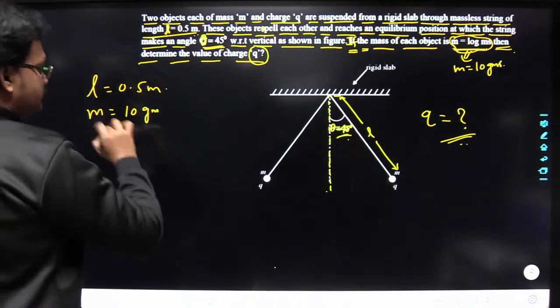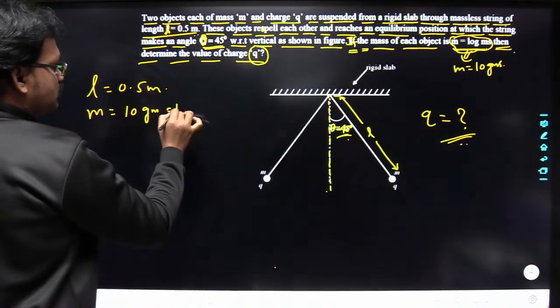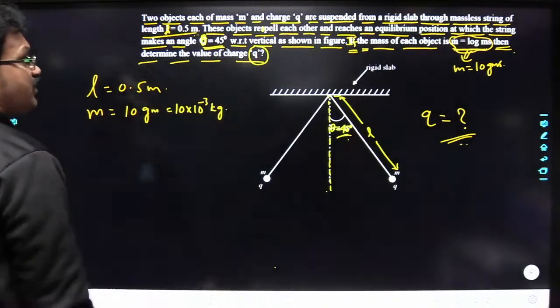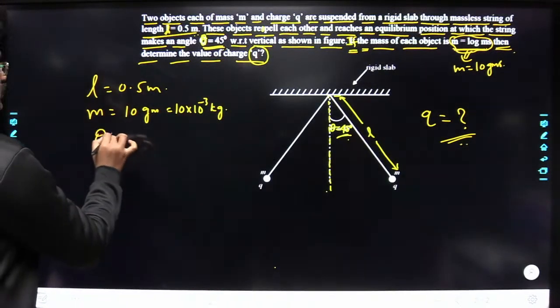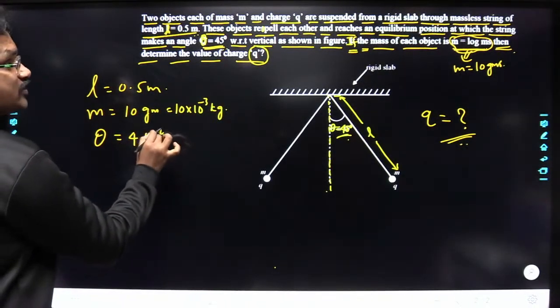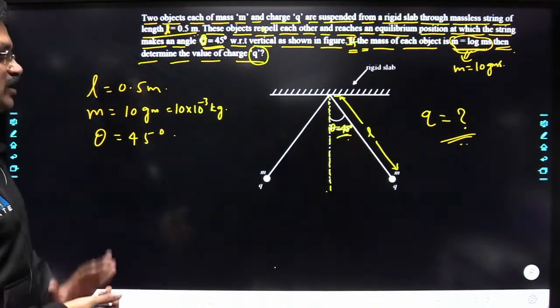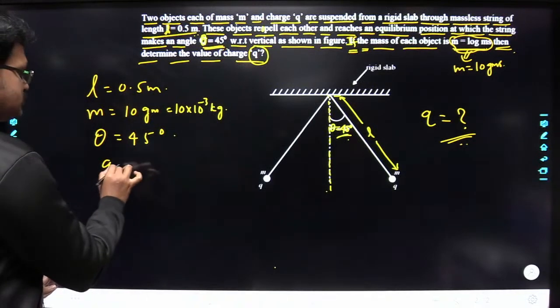So 10 grams is equal to 10 into 10 power minus 3 kg. And they have given theta is equal to 45 degrees. This is the data that is available. You have to determine charge Q.